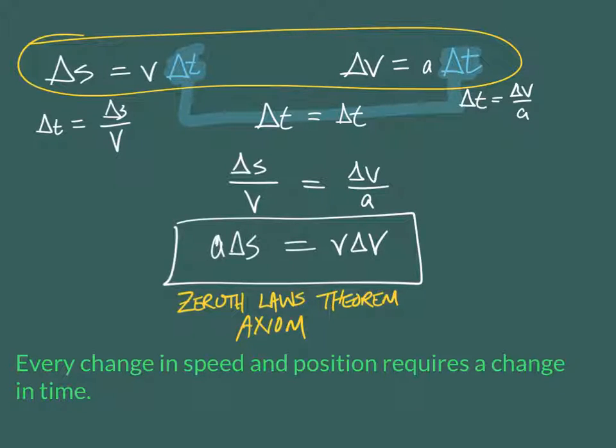So that's the weird thing about a theorem, is the English version of it, I can't call it a law. So really when it comes down to it, this is sort of wrong.